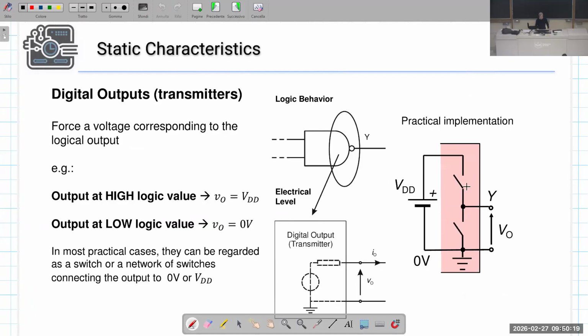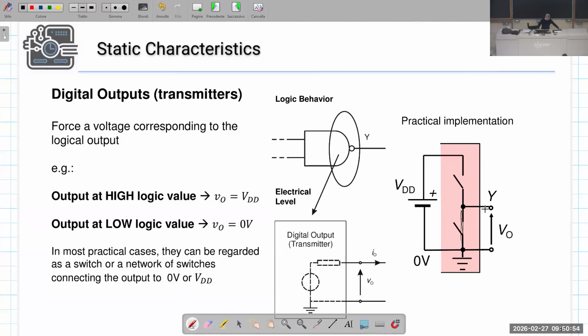Typically, we have a couple of switches, or a network composed of several switches properly connected with each other, that when the output is to be forced to 1, connect the output to the positive of the battery. When the output is to be forced to 0, the previous switch is turned off, and another switch connects the output of the gate to 0.